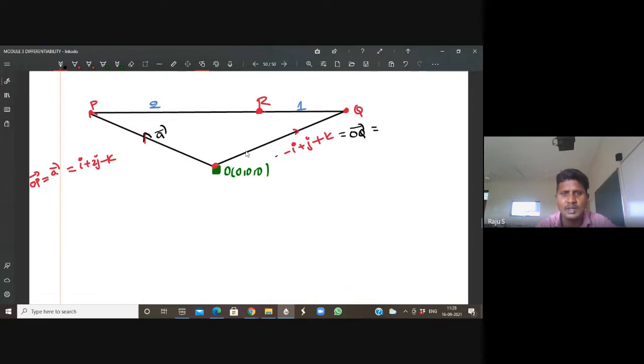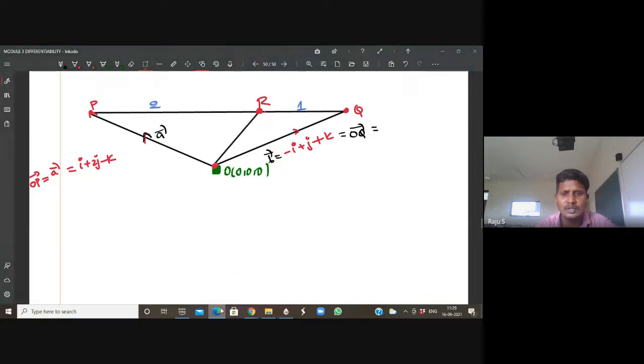I am taking this vector as vector B. A vector I am taking as OP, B vector I am taking as OQ. Then I want to find the position vector of the point R. This is the question.